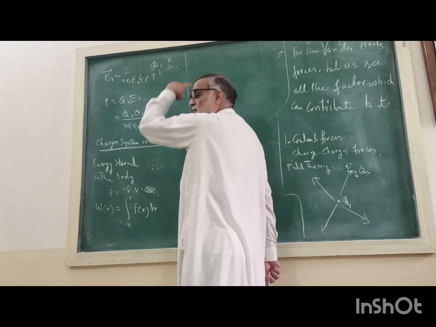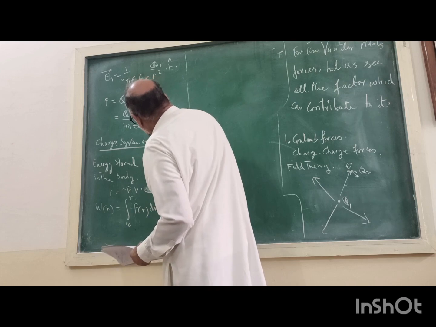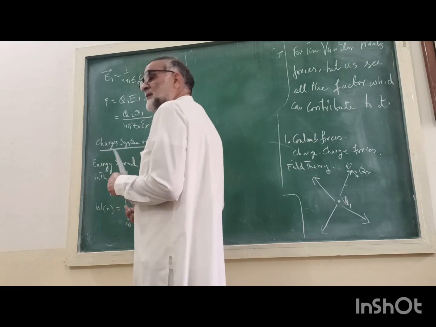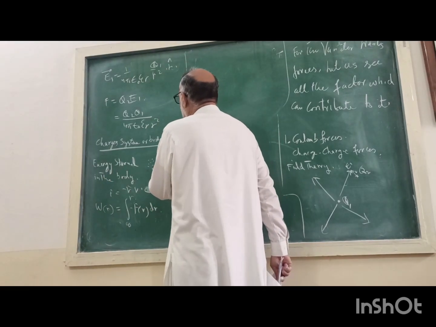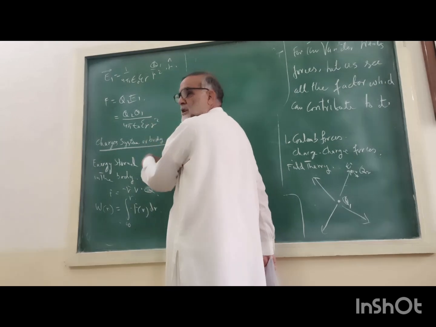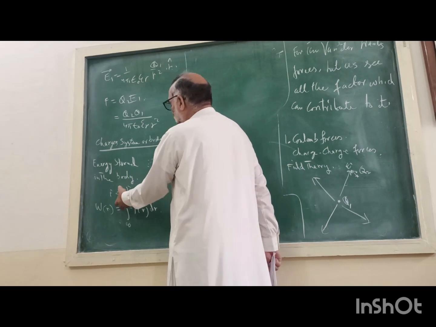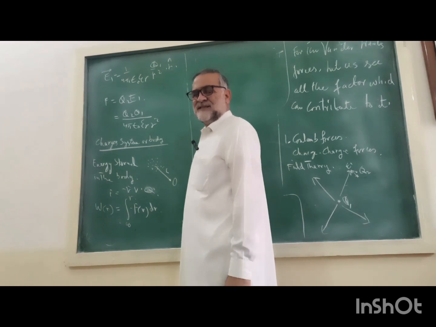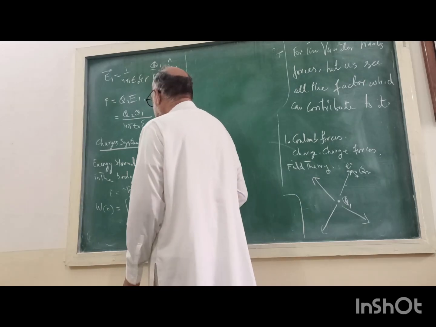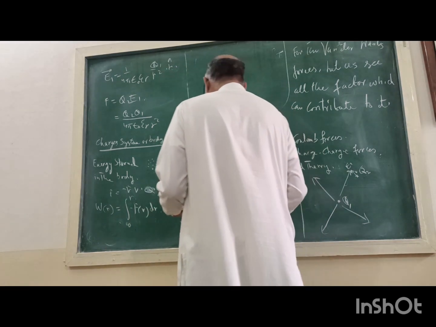You bring a charge from infinity to this point, at some distance R from the origin. That is your first charge. Then you bring another charge from infinity, then another, and you add all the works together. That gives you the energy of the whole body.